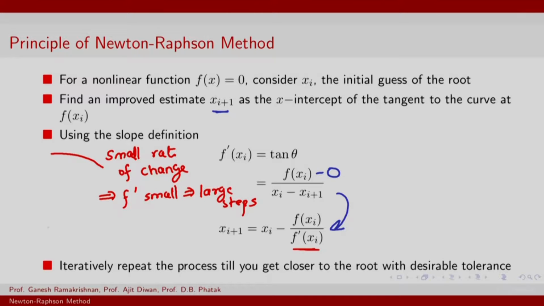On the other hand, the function could have a very large rate of change, in which case f prime is large, and the reciprocal of large f prime will lead to small steps.